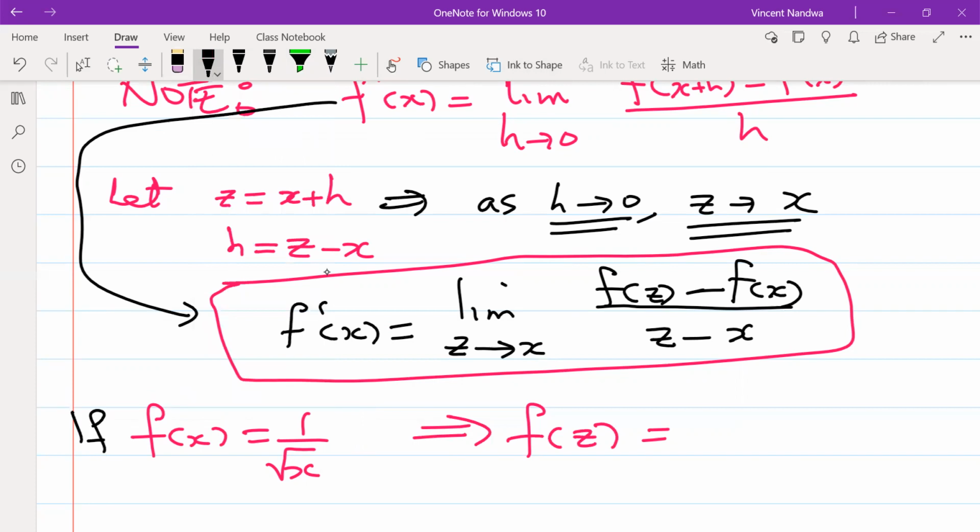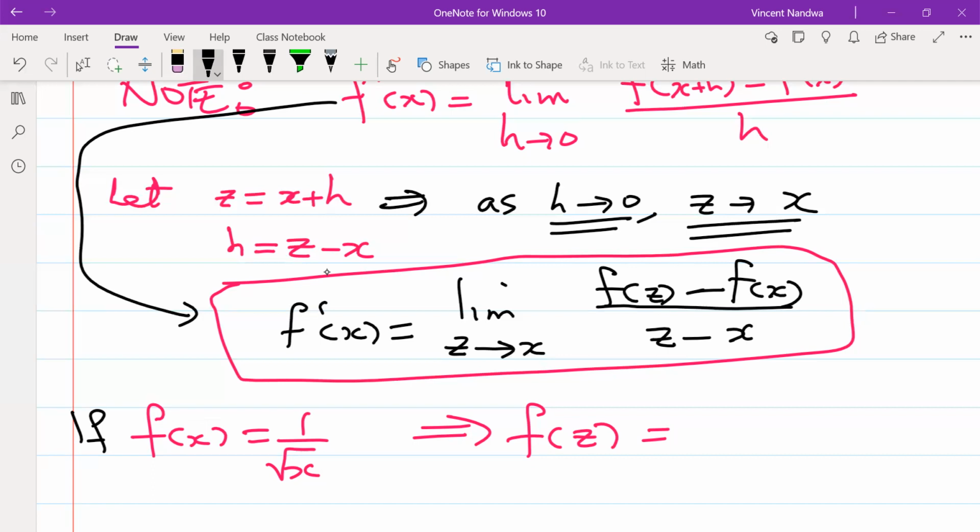So if this is f of x, what is the implication for f of z? If f of x is 1 over root x, what is f of z?